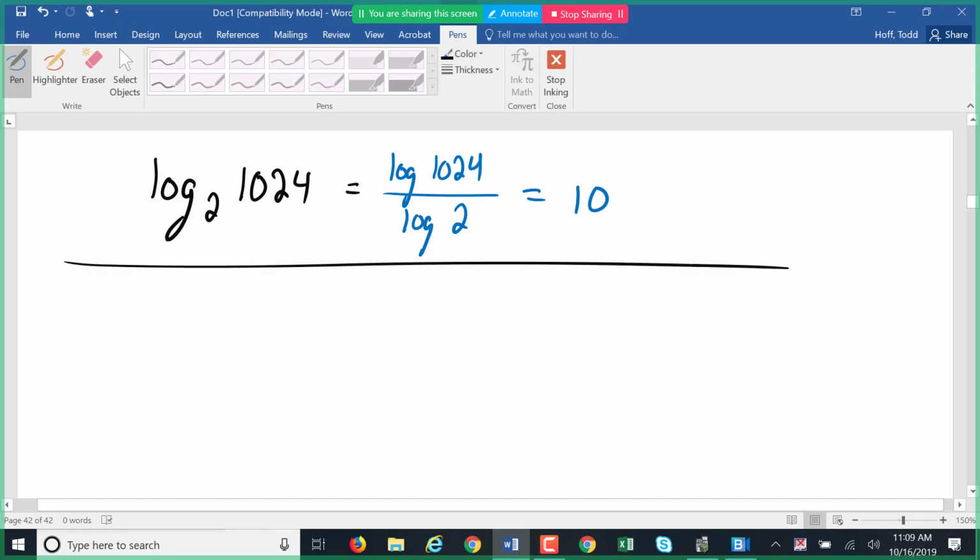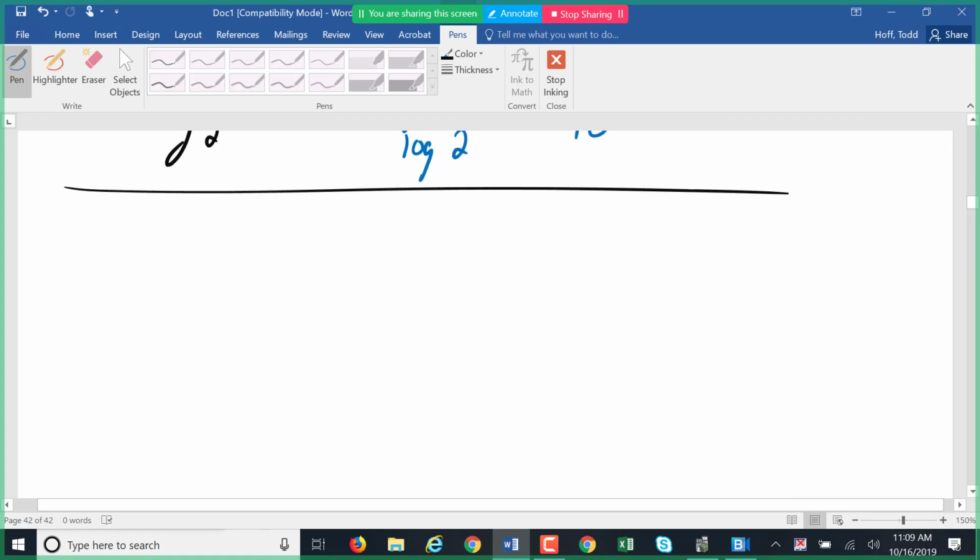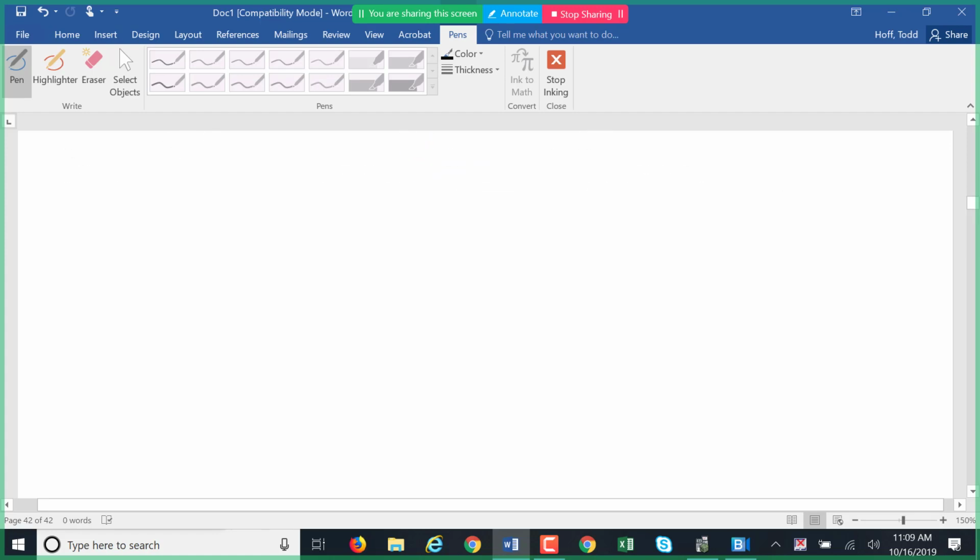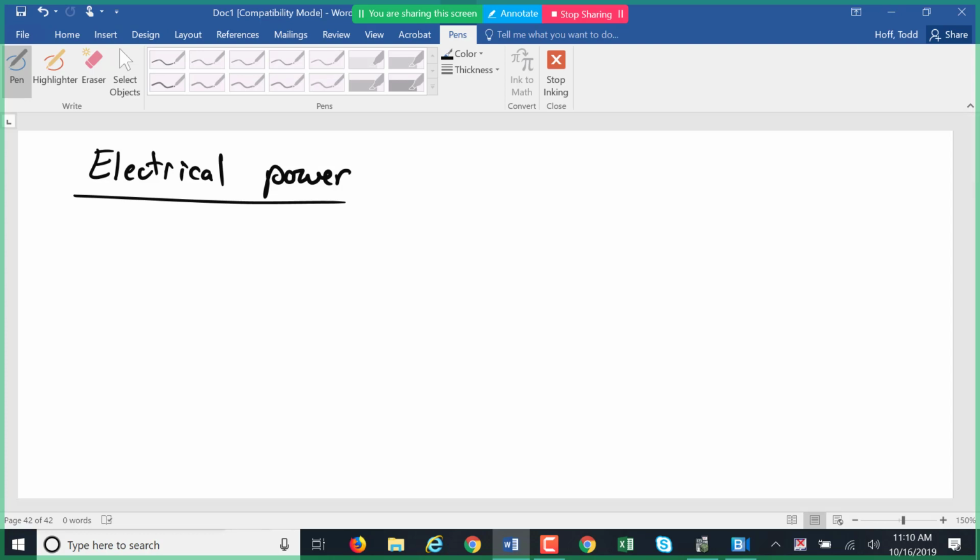So some applications to wrap us up here. One of the biggest applications that I know of for logarithms is electrical power. And by electrical power, I'm not talking about just bare electricity.